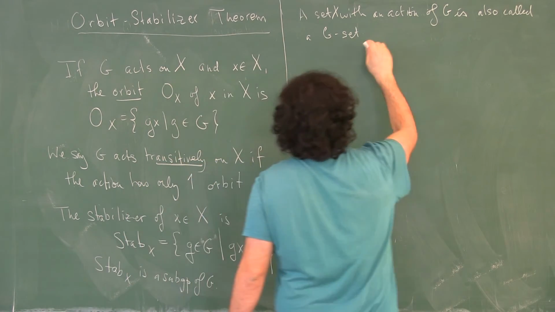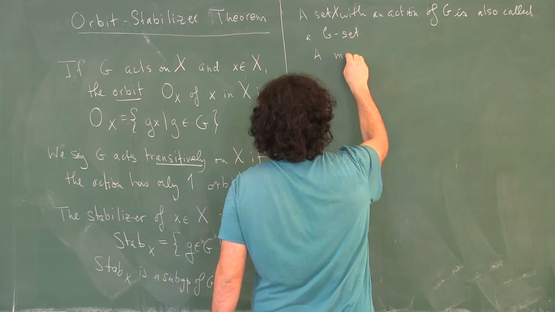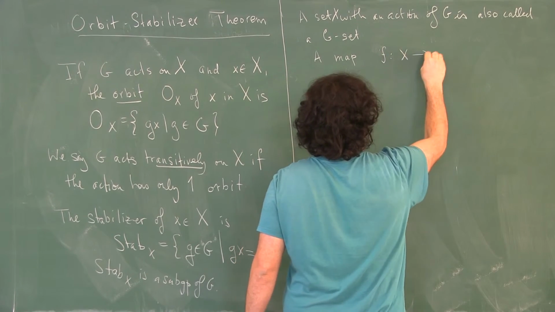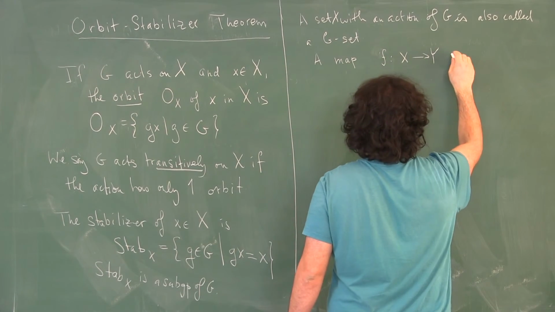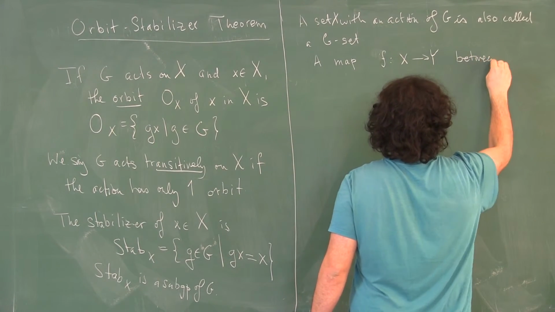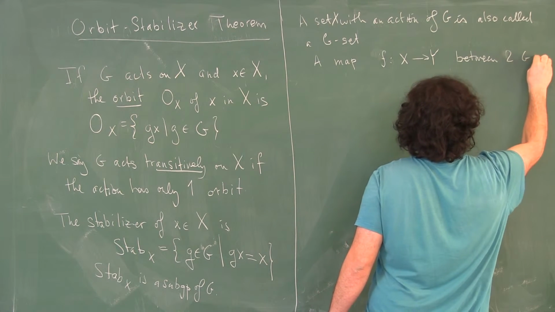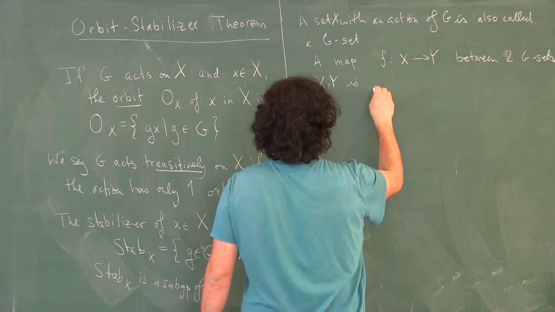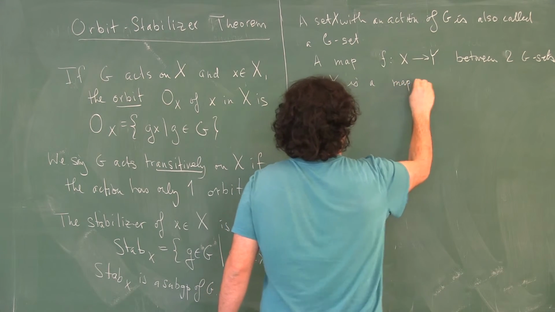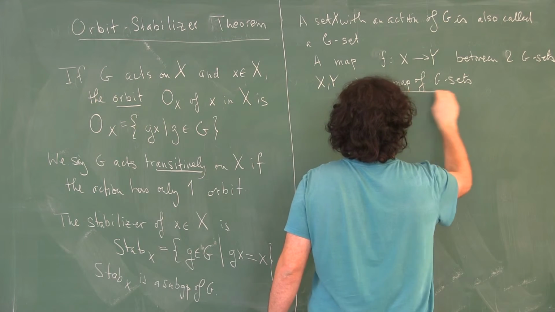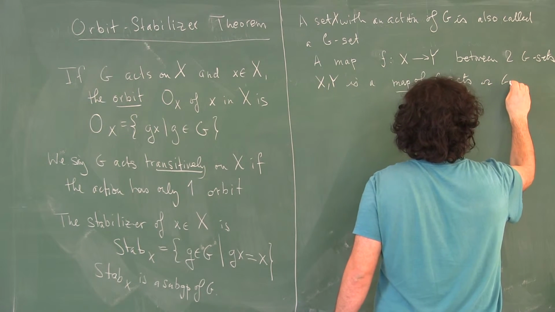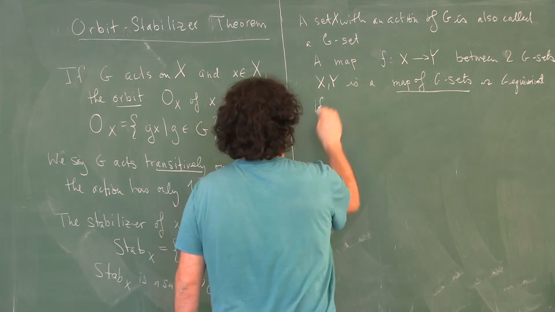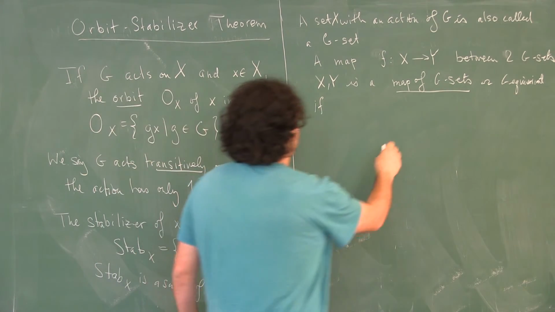With this terminology, a map F from X to Y between two G sets X, Y is a map of G sets, or G equivariant, if we have the following diagram.